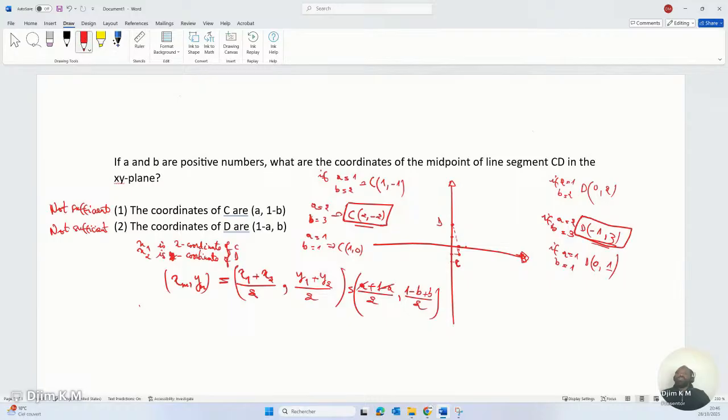So we know these are going to cancel themselves, this also, and in the end we will end up with 1 over 2, 1 over 2.